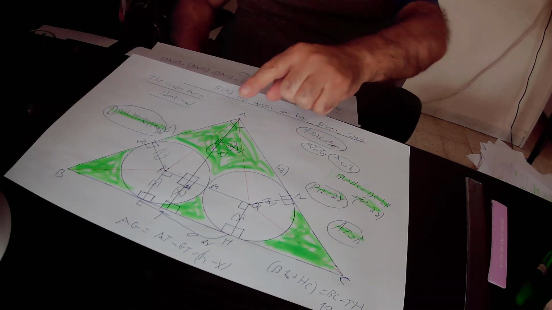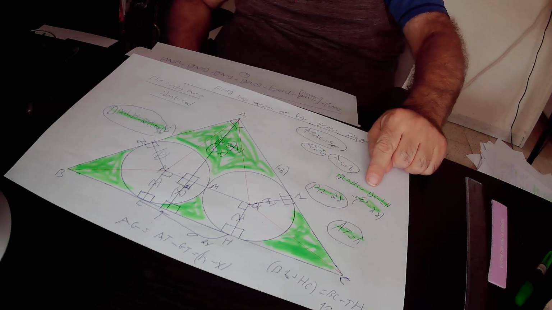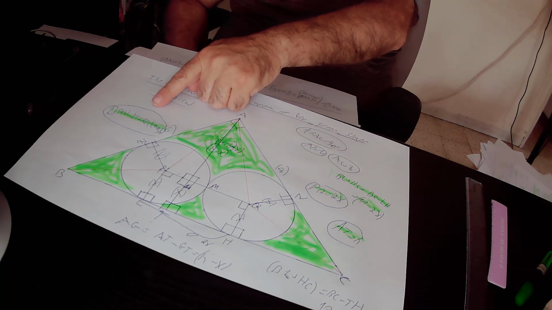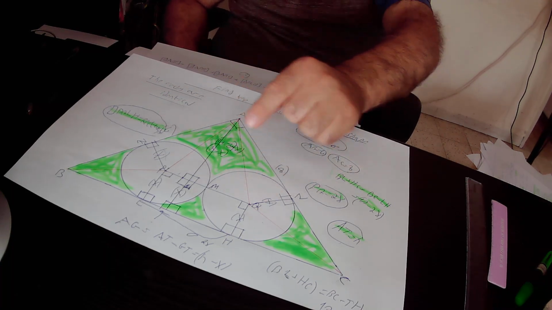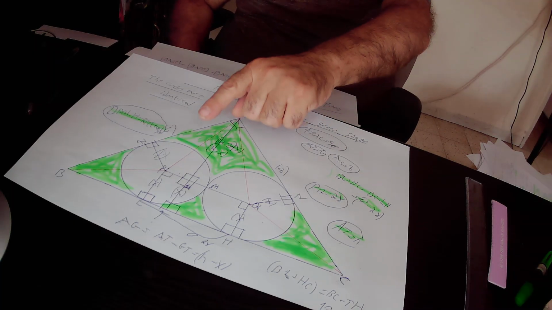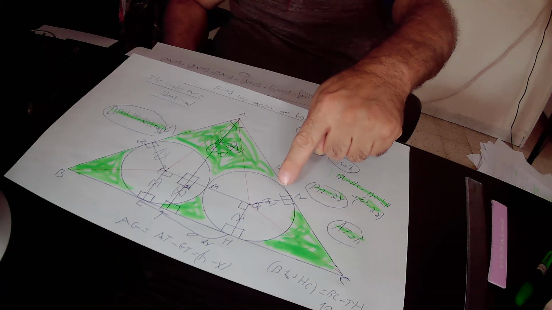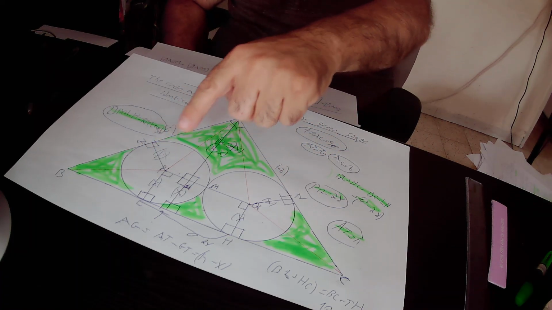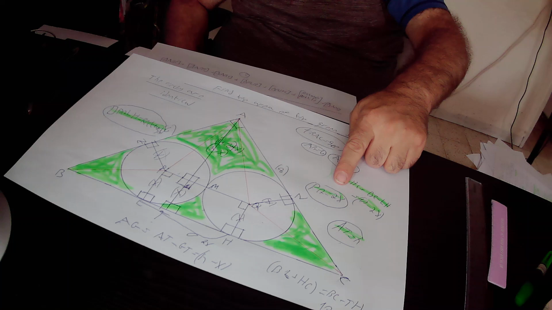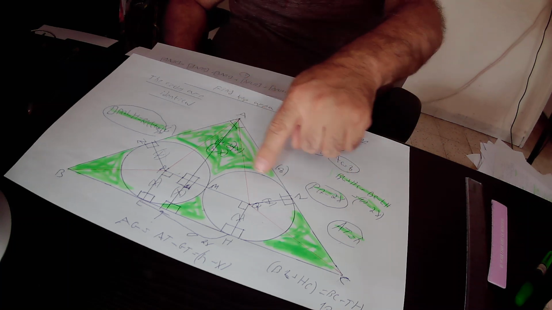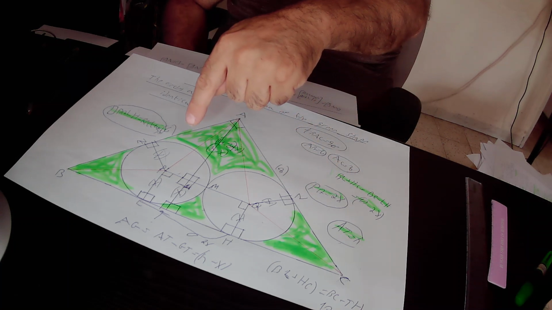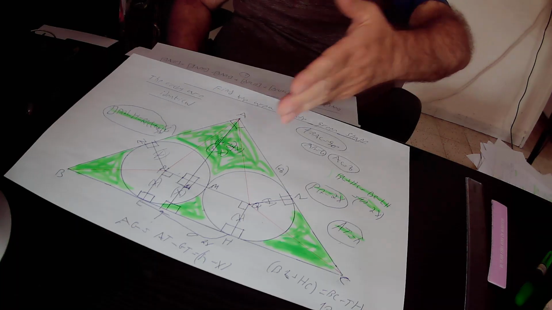Plus the area of this rectangle PQLH. We found out that PQLH is a rectangle, so the area of a rectangle equals the length PQ times the width PL. We found out that PQ equals 2x, so the length PQ is 2x, times the width PL, that is x. So it is 2x times x.